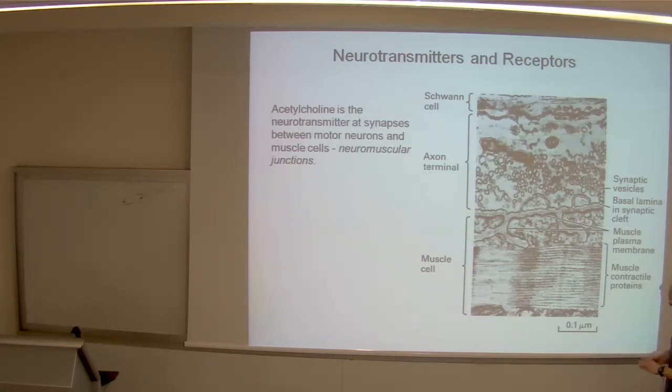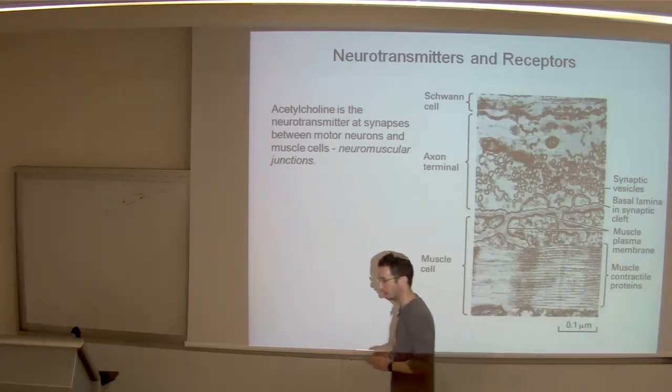And so the neurotransmitter that is responsible for the signal transmission there is acetylcholine. A beautiful figure shows the axon that innervates the muscle cell, and these vesicles you see right here are packed with acetylcholine. Just to give some intuition of how this synapse looks.